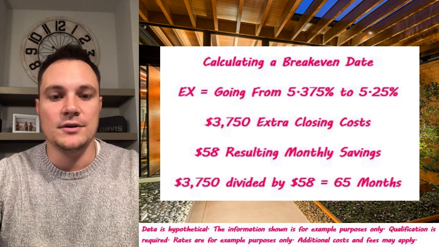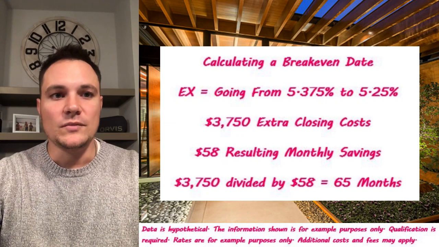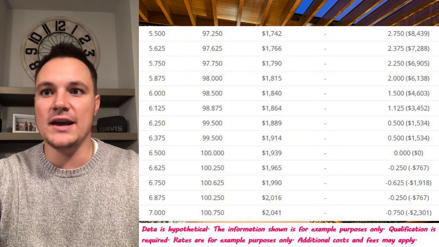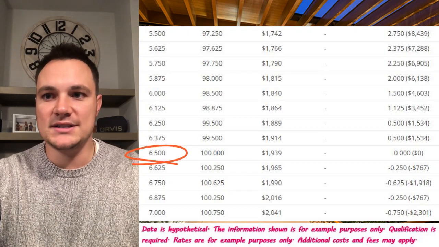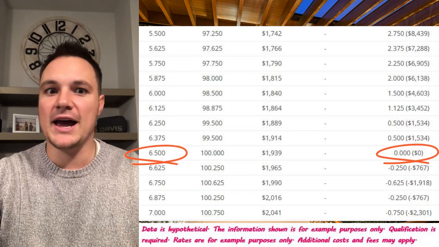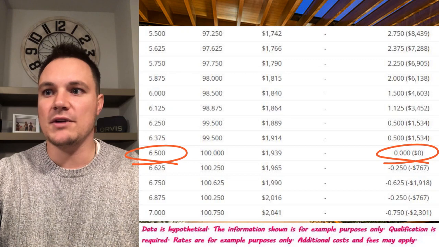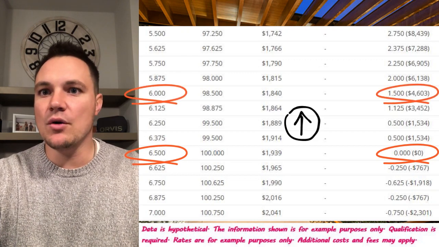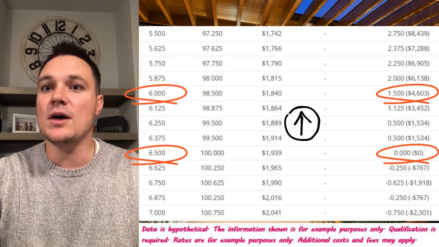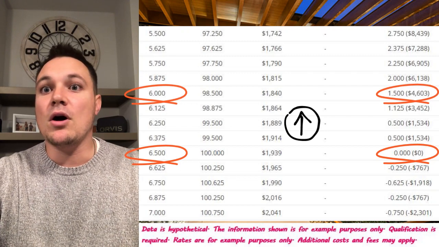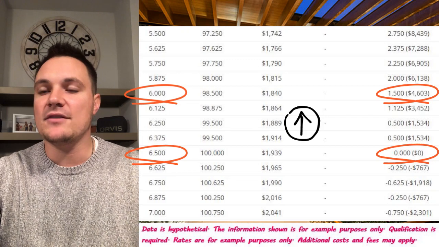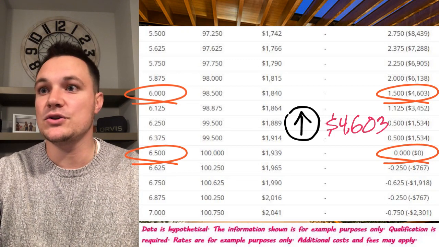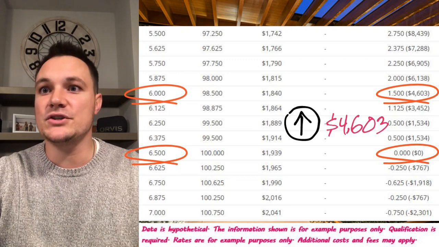So I'll give you another example here, a VA loan. You see the base rate is 6.5%, zero flat credit or closing costs on the right there. Then look at just going up the rate scale on this. To go down the rate, all the way 0.5% to 6% flat, it costs you $4,600 to do that.